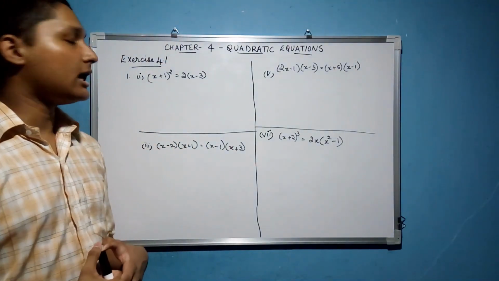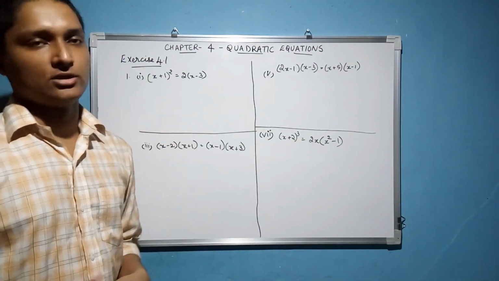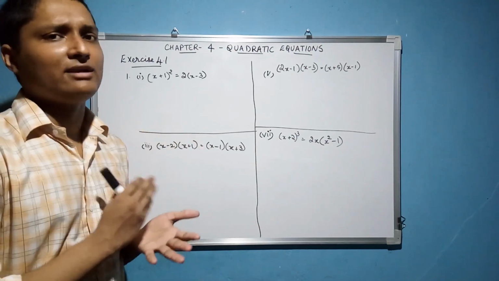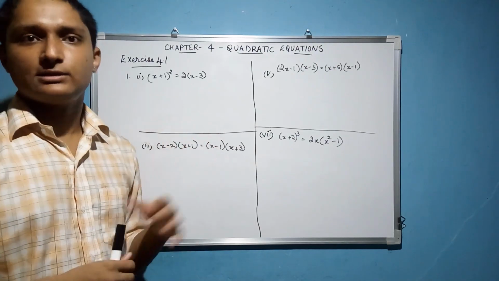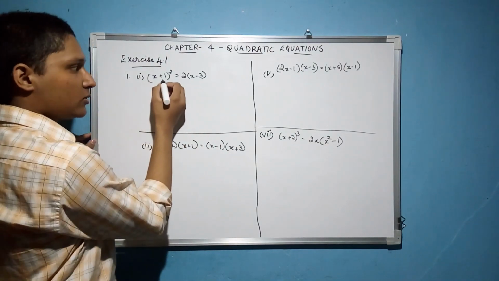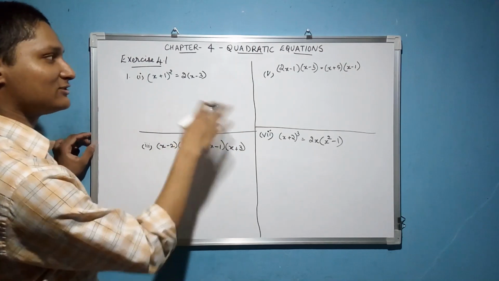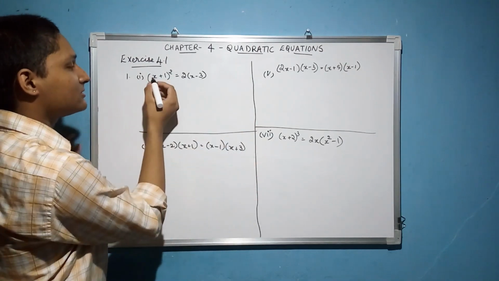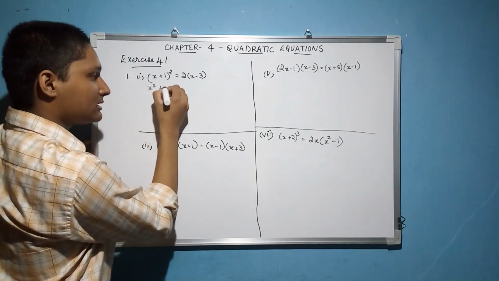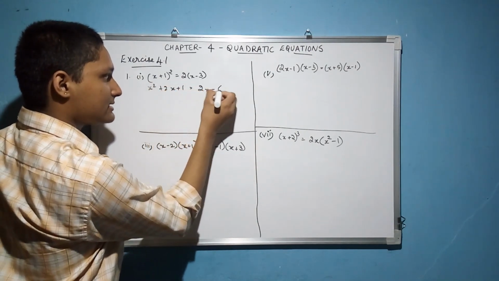In the first question we are just asked to check whether it is a quadratic equation or not. This is not a simplified form, so your task is to simplify it and find out whether it is quadratic. I have taken only the odd ones because there are 8, so I'll take 4 of them. Now you have (x plus 1) whole square, which forms x square plus 2x plus 1, is equal to 2x minus 6.